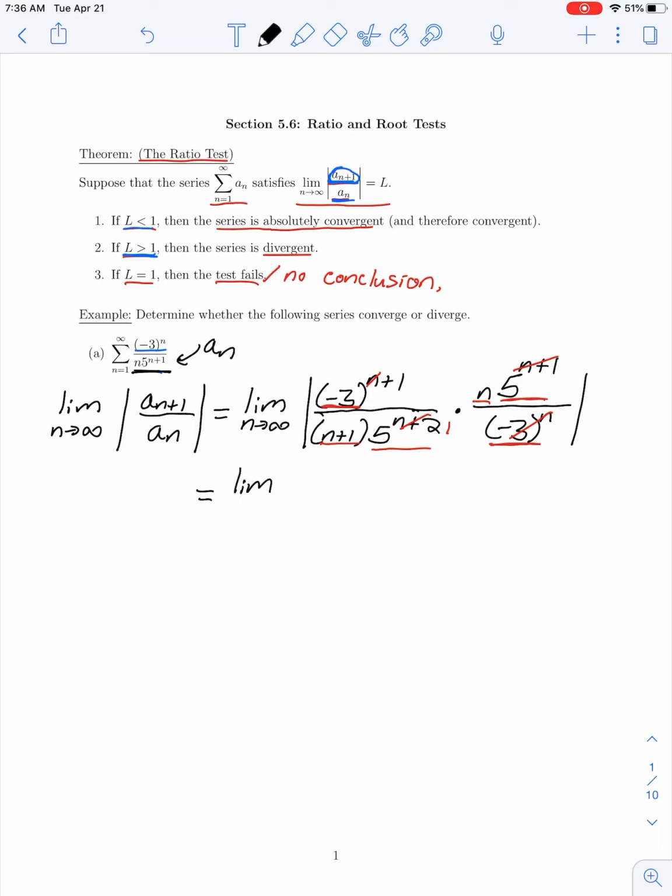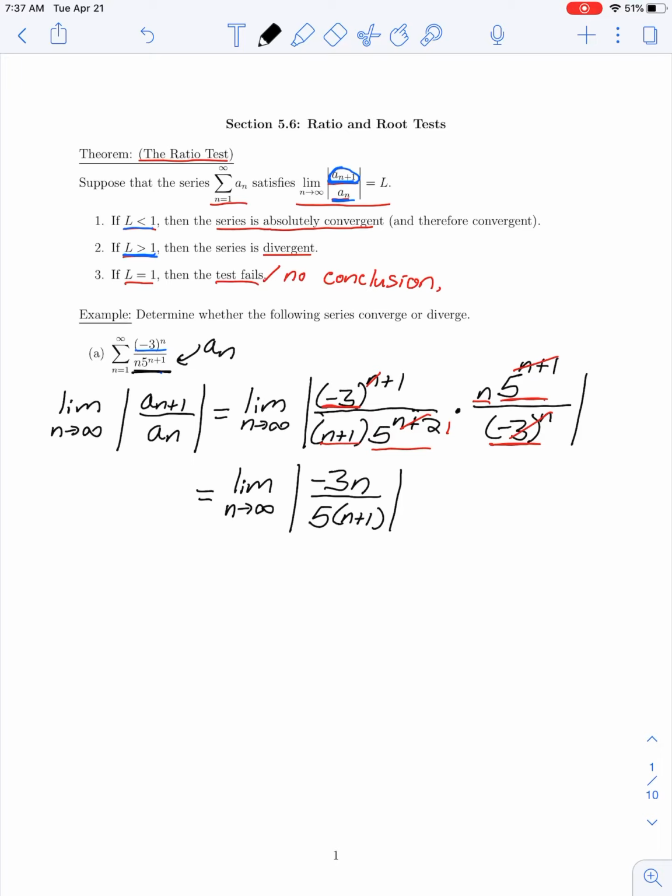We now have the limit as n approaches infinity of the absolute value of, well, in our numerator, we had one factor of -3 left over times this n term. And then we were dividing by, in the denominator, we had one factor of 5 left over. We were multiplying by n plus 1.